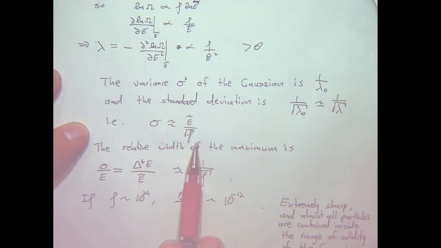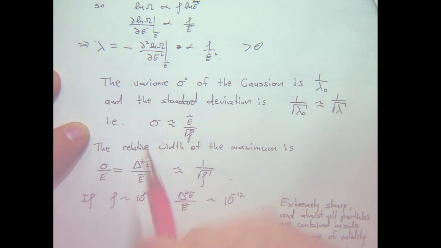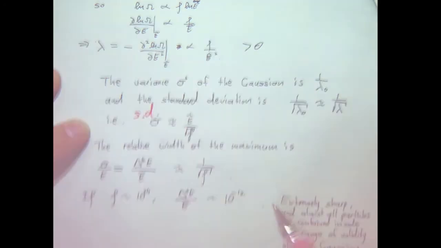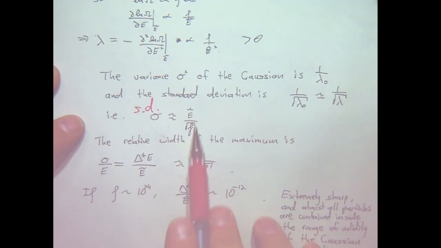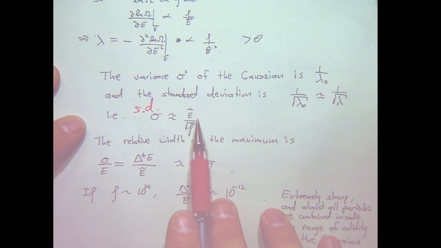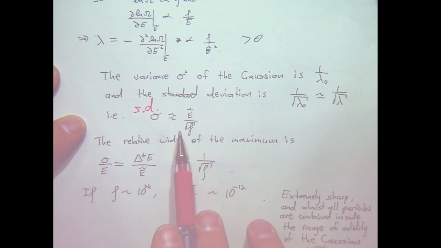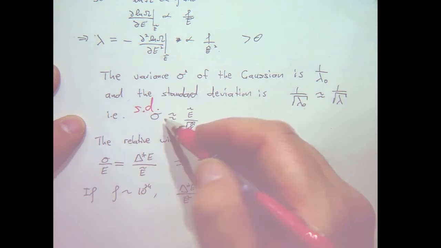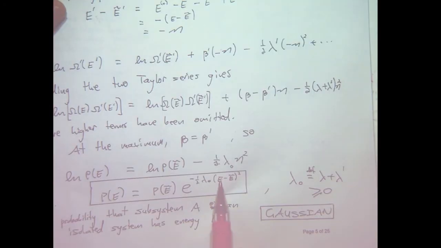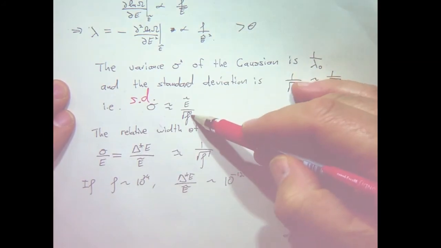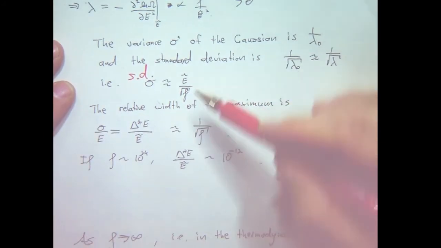And this is the standard deviation, not dimensionless entropy. The standard deviation of the energy distribution here is approximately E tilde over square root of the number of degrees of freedom.